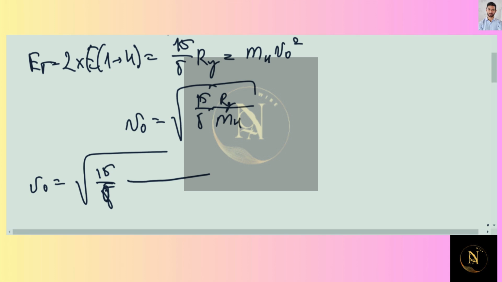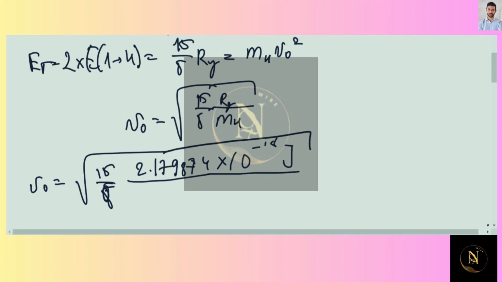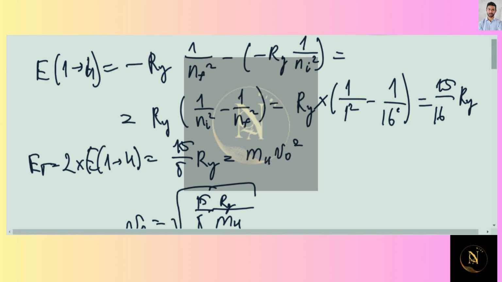So 1 Rydberg constant equals 2.1798774 multiplied by 10 to the power of negative 18 joules, and it is divided by the mass of a hydrogen atom, which is shown here.